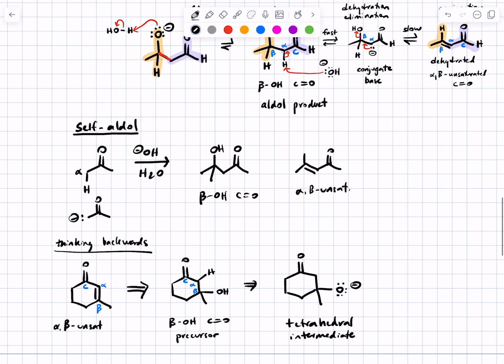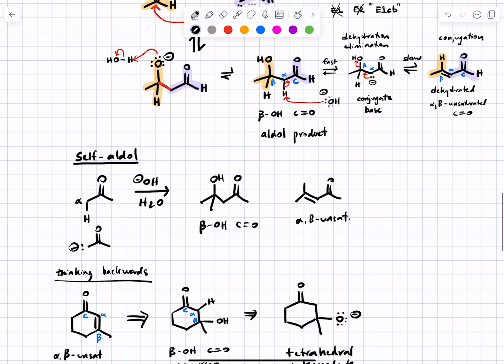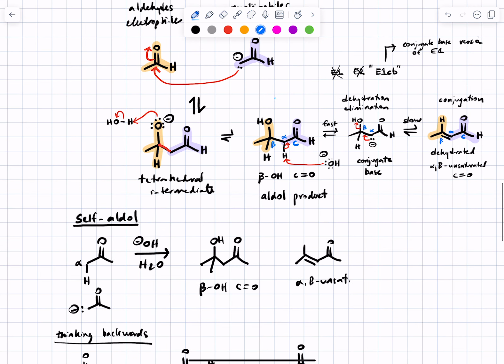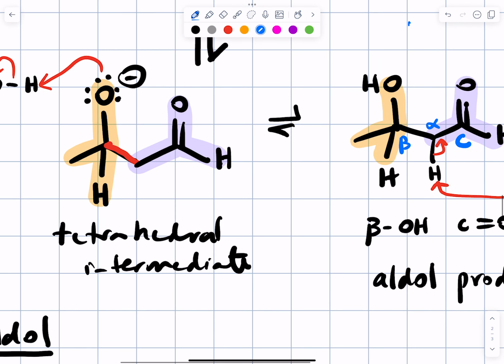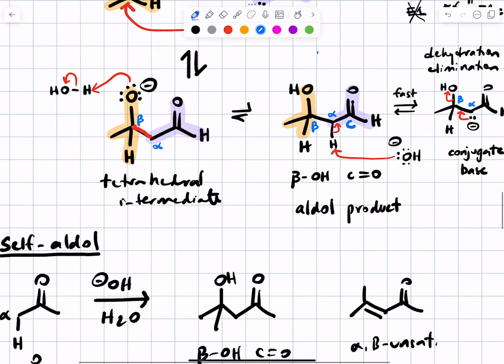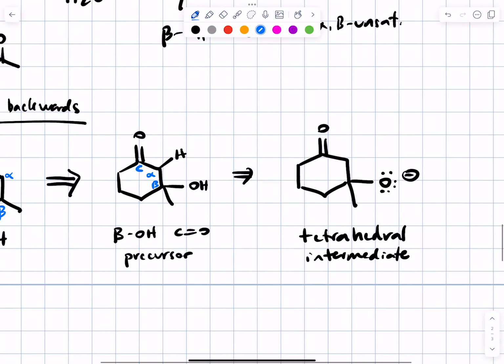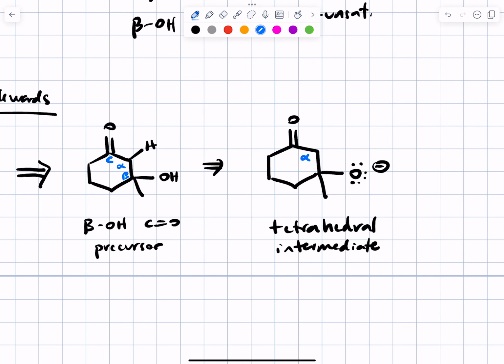Notice from our previous mechanism, in that tetrahedral intermediate up here, we made a new sigma bond between the alpha and the beta carbons, and the negatively charged oxygen is on the beta carbon. So go ahead and highlight that sigma bond that was made.